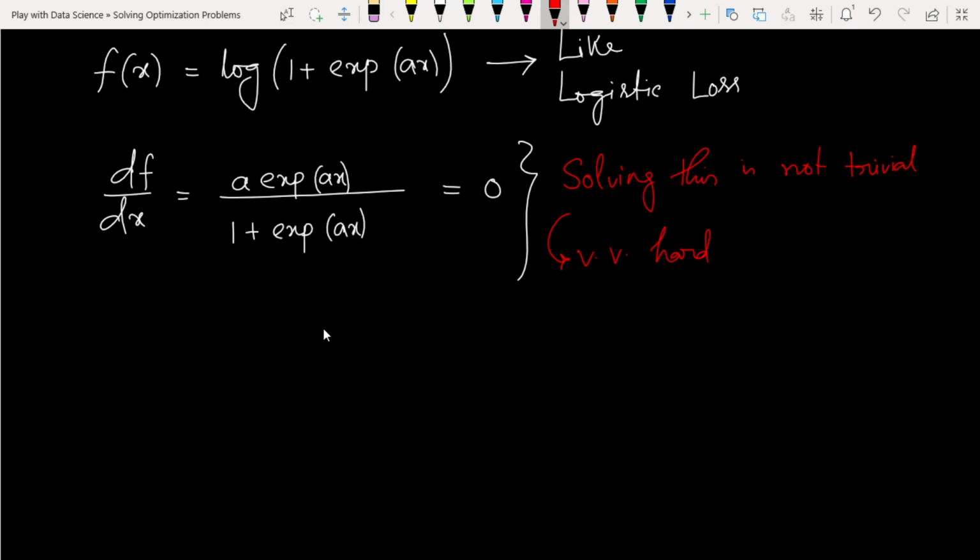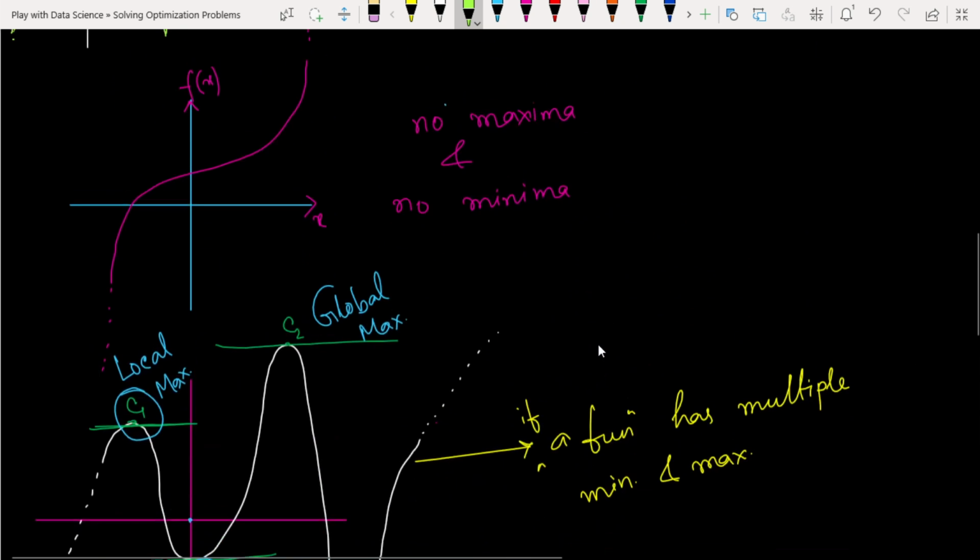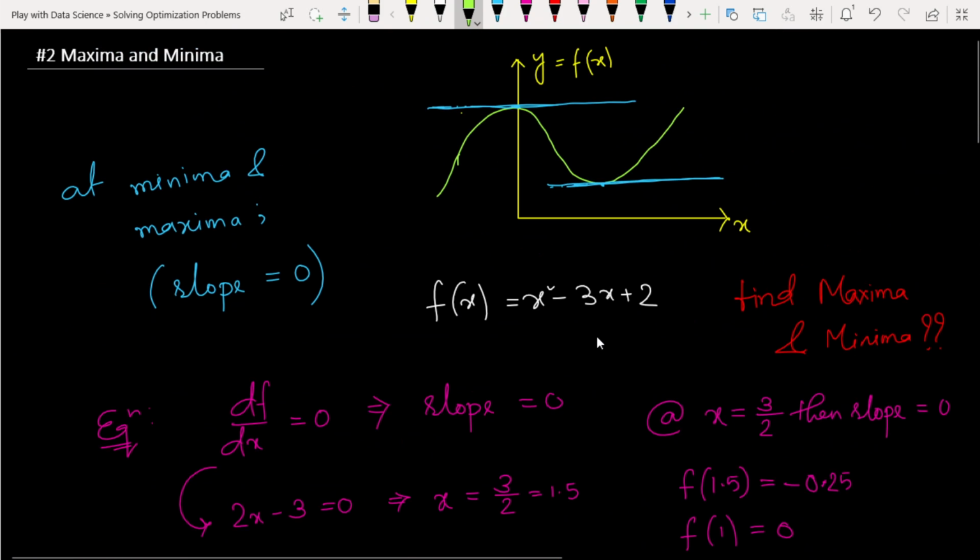So in this age we are not using the maximum or minimum concept directly; we are using the gradient descent technique. That we will learn in the next chapter.